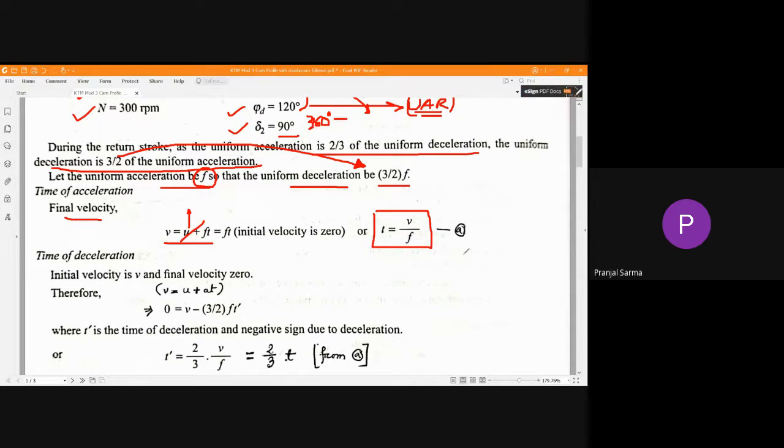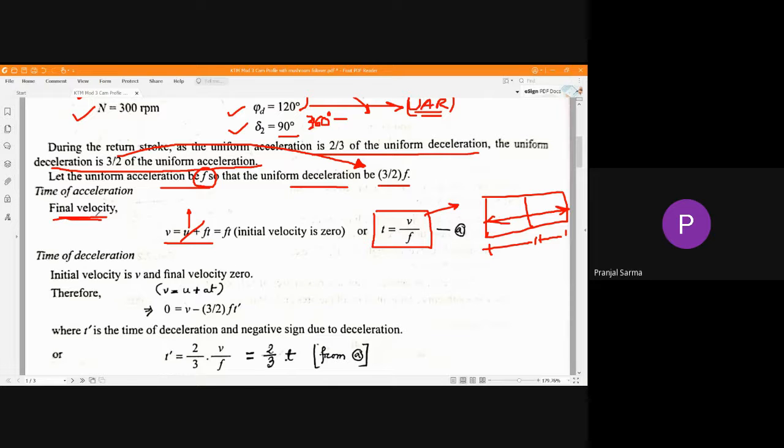Now what happens? In that whole return stroke, some portion is with uniform acceleration and some portion is with uniform retardation. So now the time of acceleration we have found out as this. We need to find out the time of deceleration. Now what happens in that case?